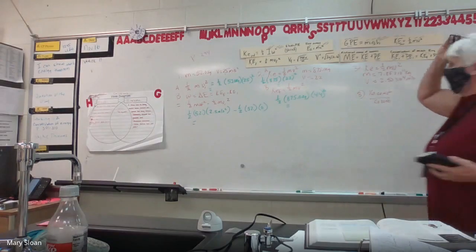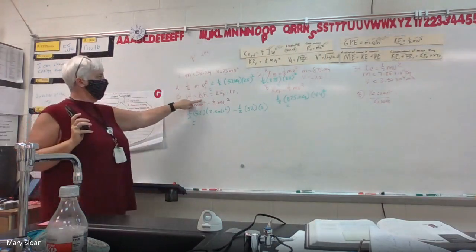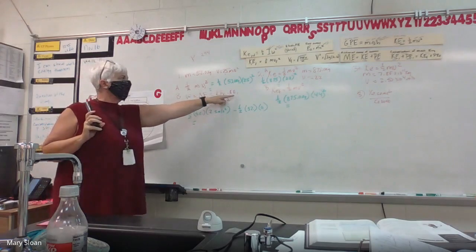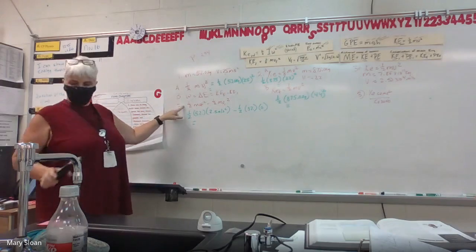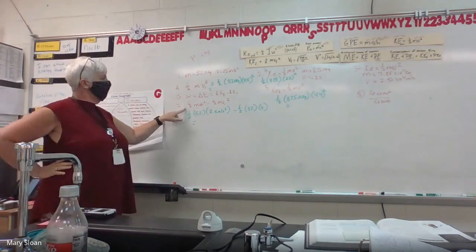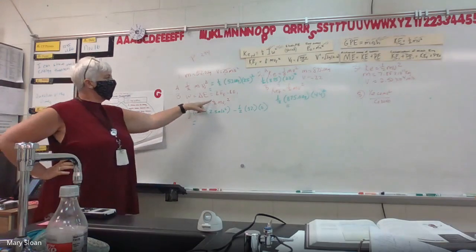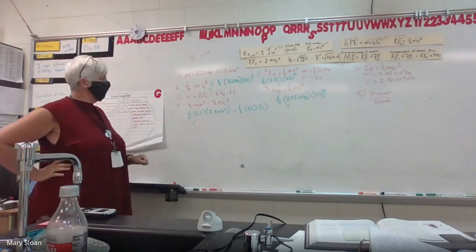So let's see what she has to do for work. If we're doing work, which is the change in energy, kinetic energy final minus kinetic energy initial. I don't like any of those, but I do like this one. This is 1/2 of the mass times velocity final squared minus 1/2 of the mass times velocity initial squared.